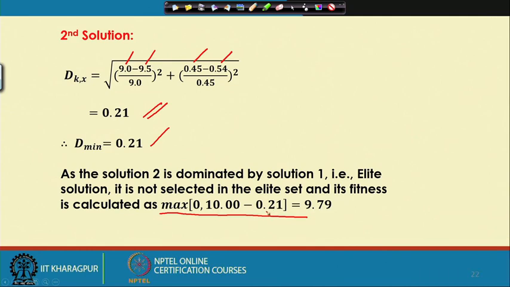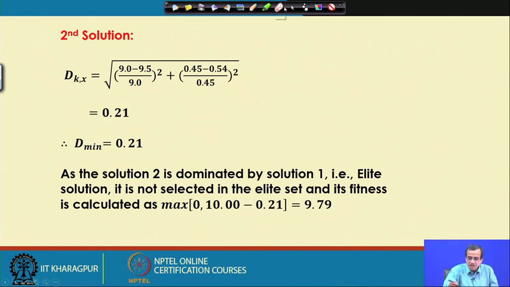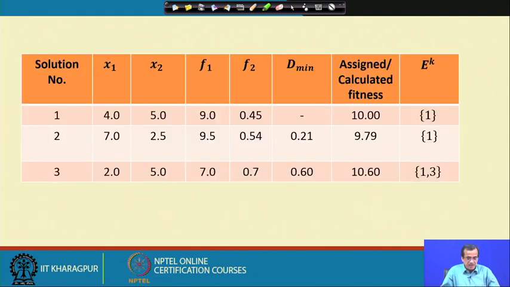Now, if I calculate this, I will be getting 10 minus 0.21 is 9.79, and the maximum between 0 and 9.79 is nothing but 9.79. Now I can assign this particular fitness to the second solution. That means I will be getting this particular 9.79 here. So, this particular fitness I will be able to calculate, and I will be able to calculate the d minimum, and as I told, this is not going to enter the non-dominated bin.